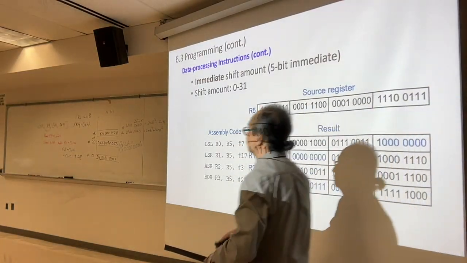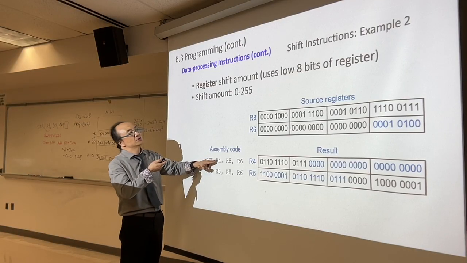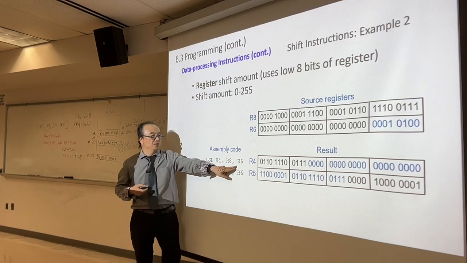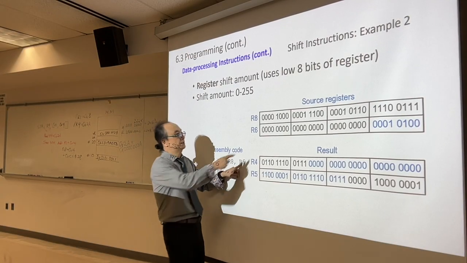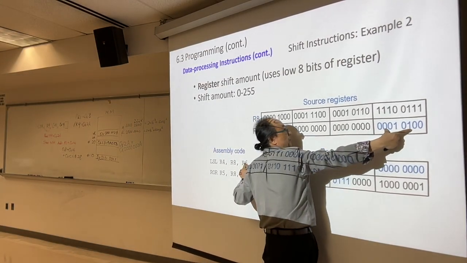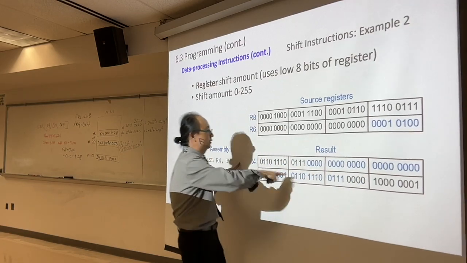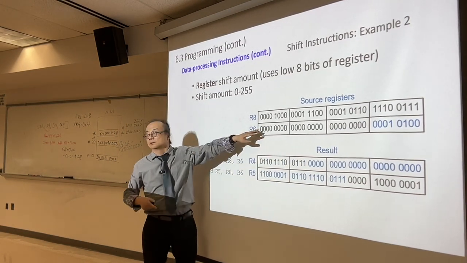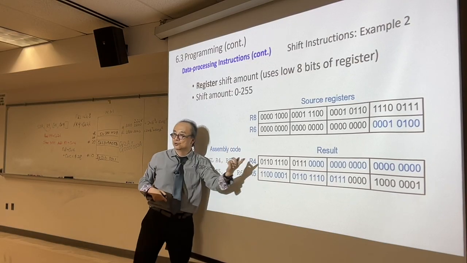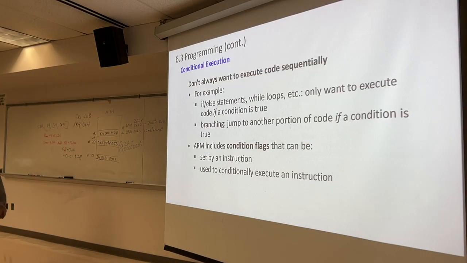So it's a rotate. The register shift amount is the lower 8 bits. So when we have register and register, we take the lower 8 bits of R6, and we use that much to do the shift.